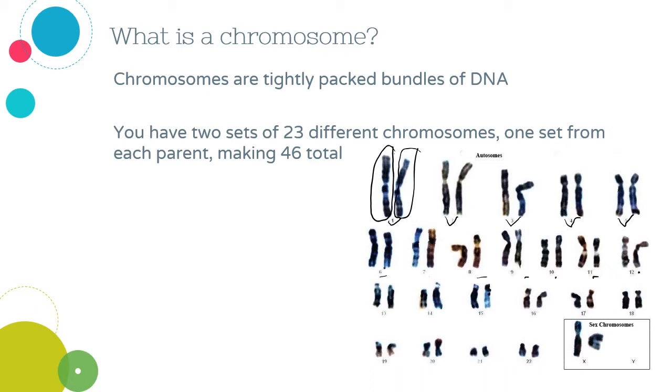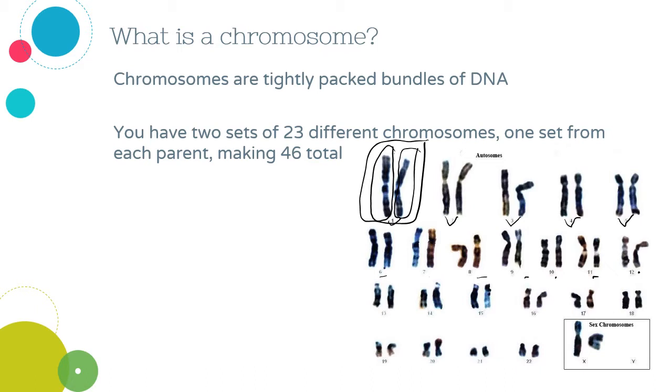And each of those pairs of chromosomes will code for different genes. Genes are these little functional units. Imagine that your DNA is a giant instruction manual for how to build you, and that each chromosome is a different chapter in that instruction manual. And within that chapter, you'll have many different sets of instructions for all sorts of different things.